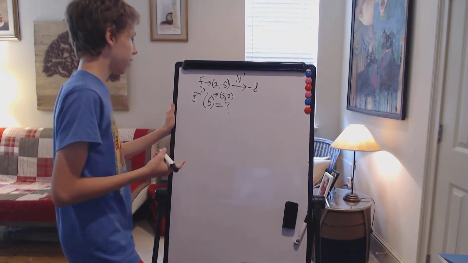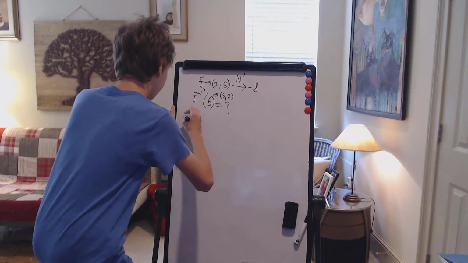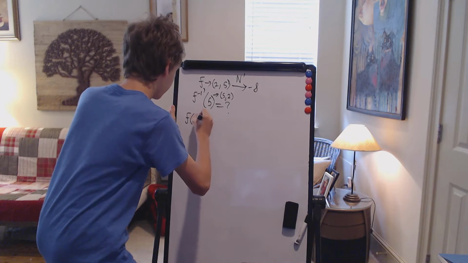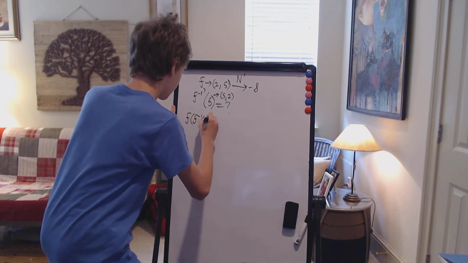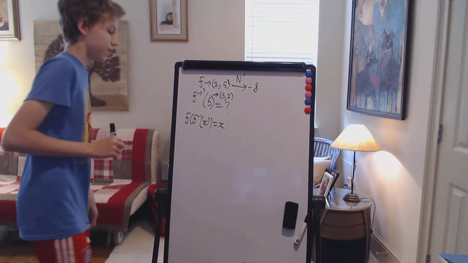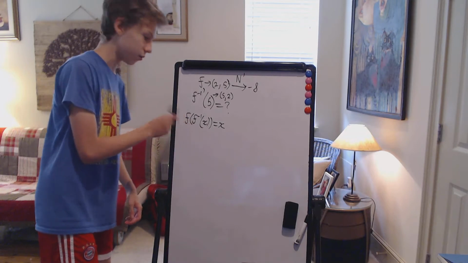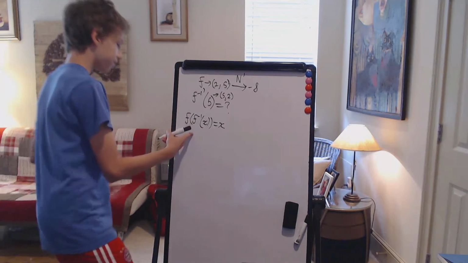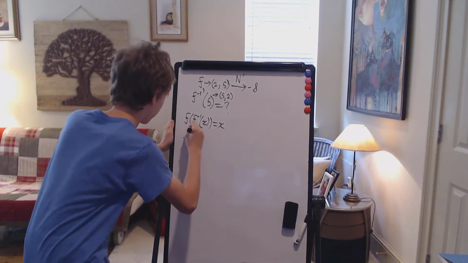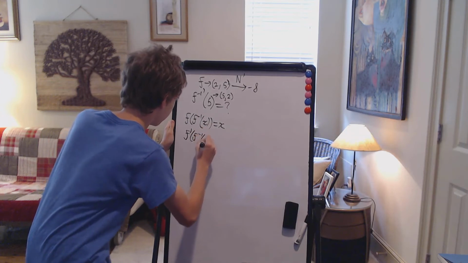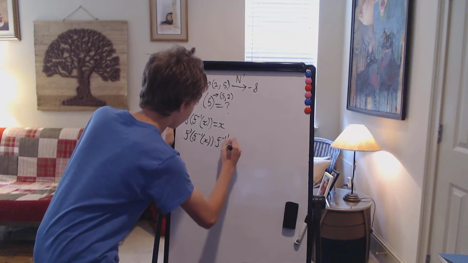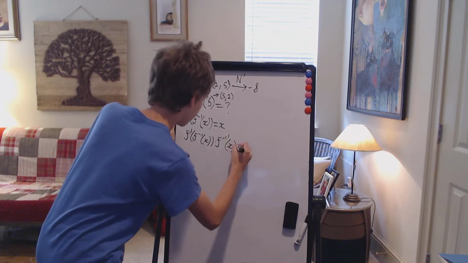So let's use the property of an invertible function f. We know that f of f inverse of some value x outputs x. In other words, this is the identity function. The same works the other way around, but we won't worry about that for now. What happens if we differentiate both sides? By chain rule, we get f prime of the inside times the derivative of the inside, f inverse prime x, equals 1.